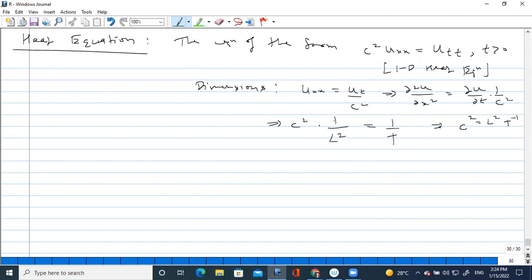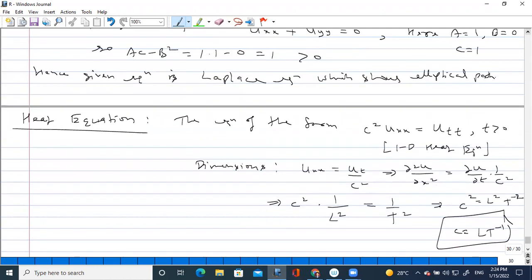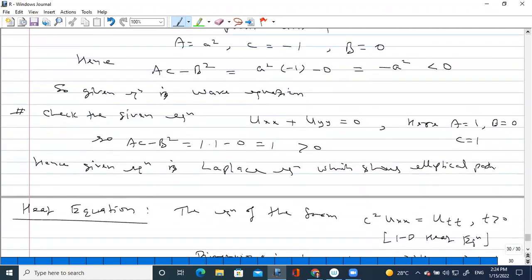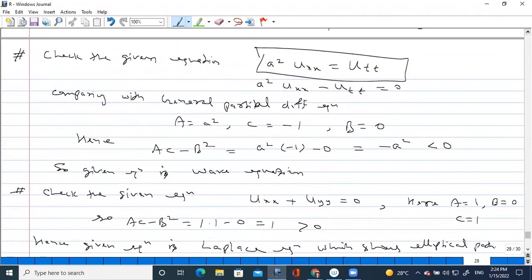And if it is UTT, then it will be T square. Then it will become T to the power minus 2 and C will become L to the power minus 1, which is velocity, LT minus 1. So it should be UTT. If it is UTT, I think now it will become a wave equation.